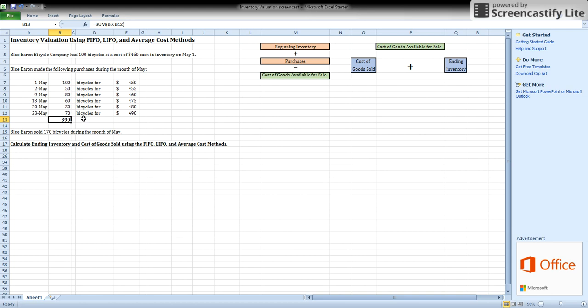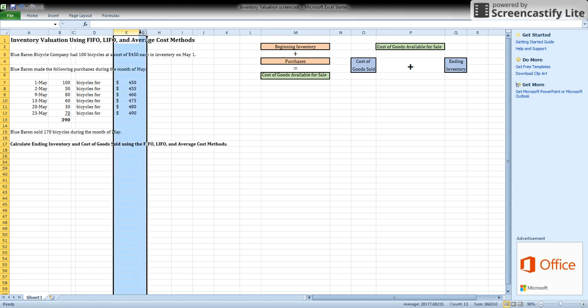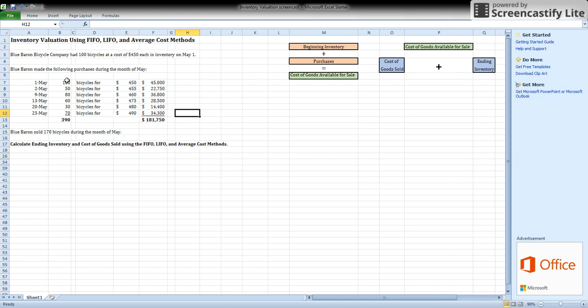Now we're going to want to know what is the cost of those goods that are available for sale. And to do that, we take our units and multiply them by their unit price. So in this case, if we've got 100 units in beginning inventory at $450 a piece, that's $45,000 total. And we can do all of this multiplication, the number of units times what they cost per unit.